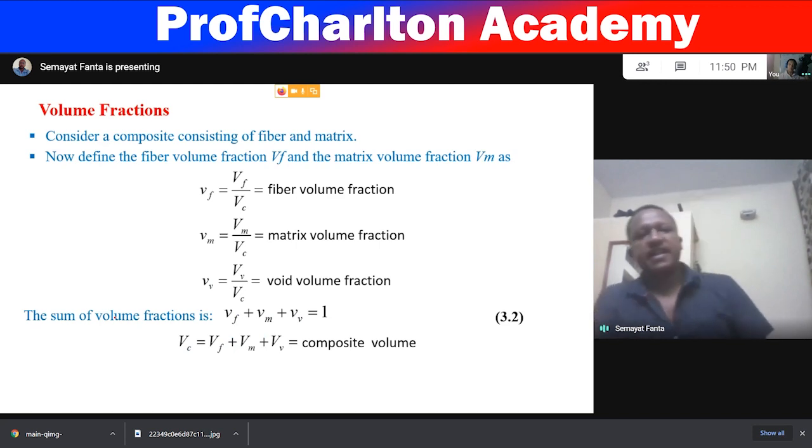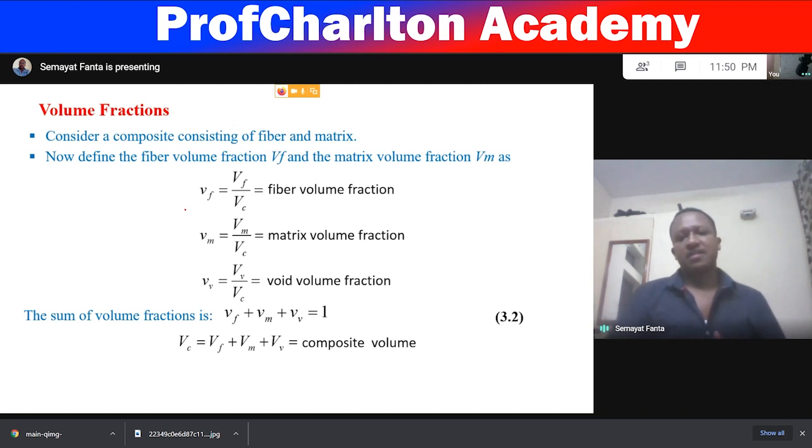So now let's directly go to the properties. The first one is the volume fraction. Consider a composite consisting of fiber and a matrix. Those two constituents are most of the time considered. The fiber volume fraction is given by the volume of fiber over the volume of the whole composite.